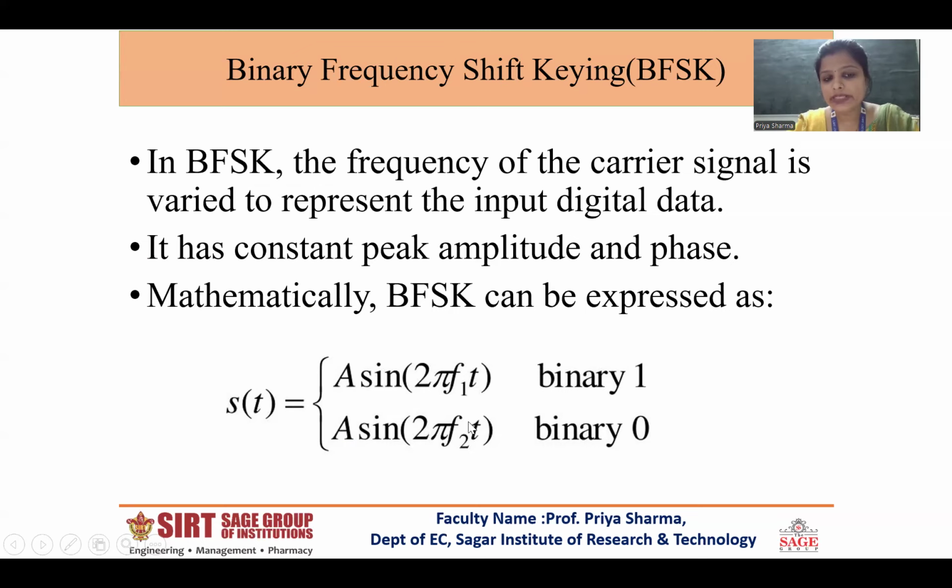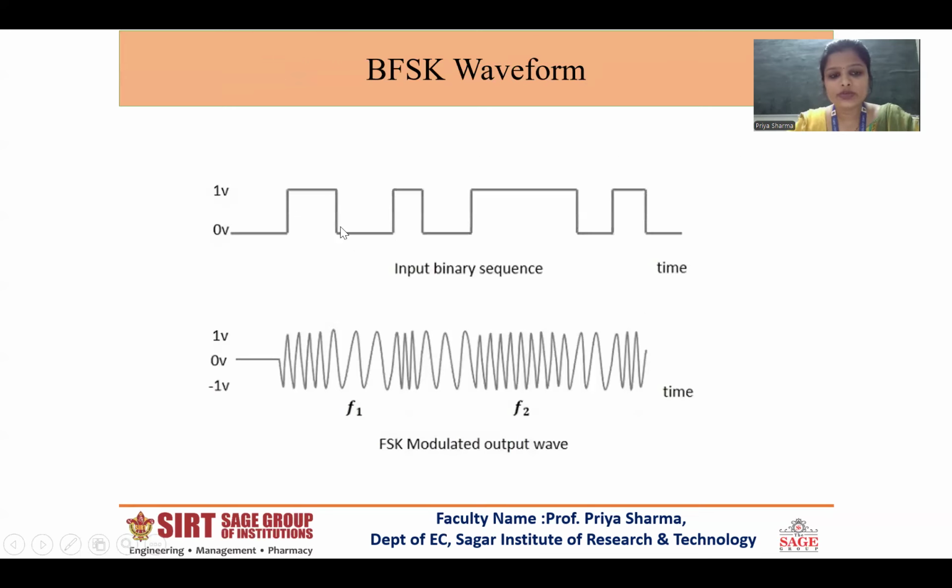And how will it vary? It is mathematically expressed as a sin 2πf1t and a sin 2πf2t. Let's have a look at what f1 and f2 are. So this is our input signal. For binary 1, the modulated signal will follow the carrier signal. For 0 input logic, it will have a greater frequency than the carrier signal.